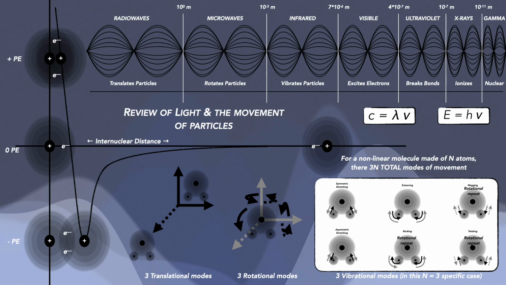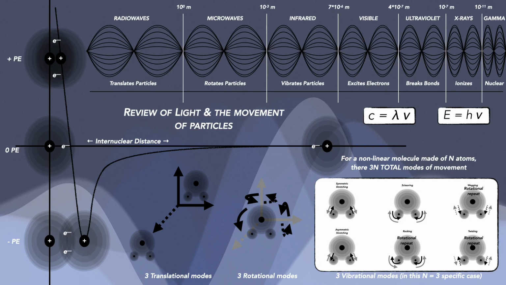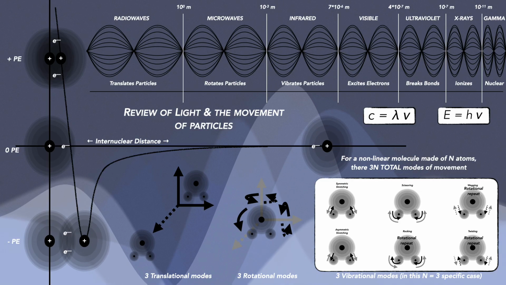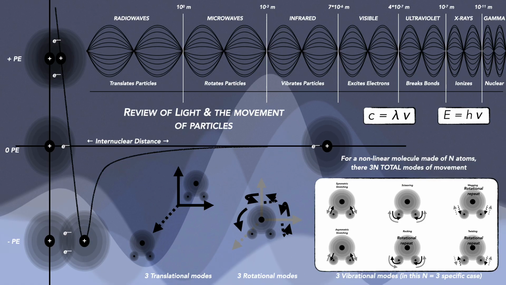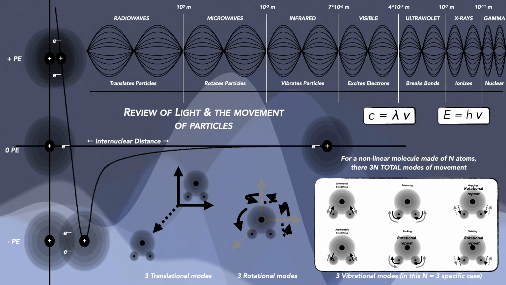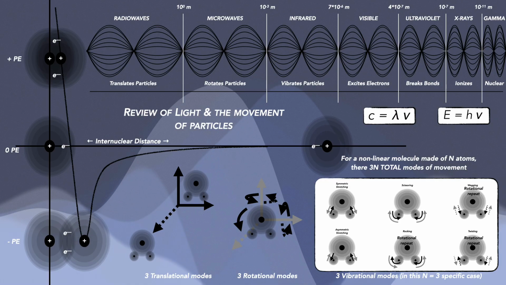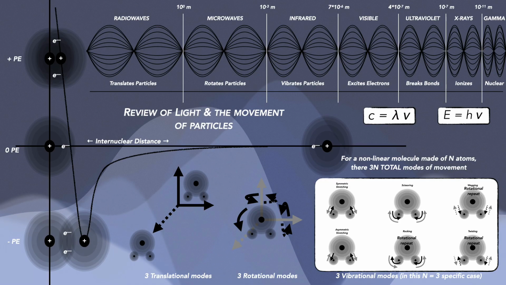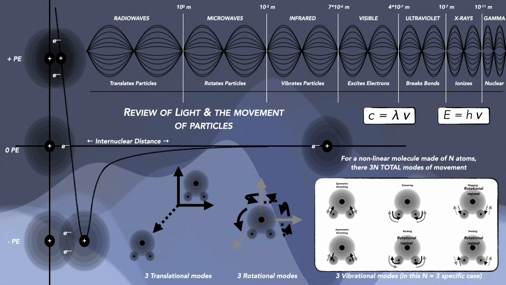So when molecules absorb infrared radiation, the energy goes directly into bond vibration. Any molecule with n atoms in 3 dimensions has 3n total modes of motion. 3 of those are translational and 3 are rotational. Everything else is vibrational. And it's these vibrational motions that IR spectroscopy detects.